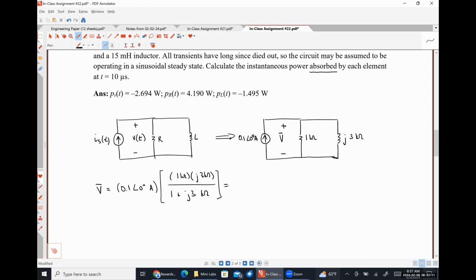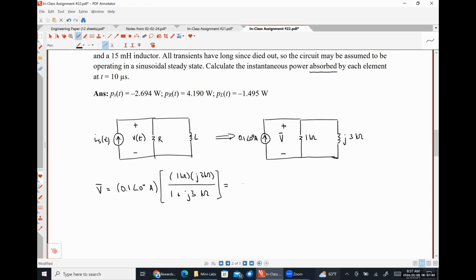So let's throw that in our calculator. This calculator is set up to give me rectangular, so I'm going to have to fix that in a moment.